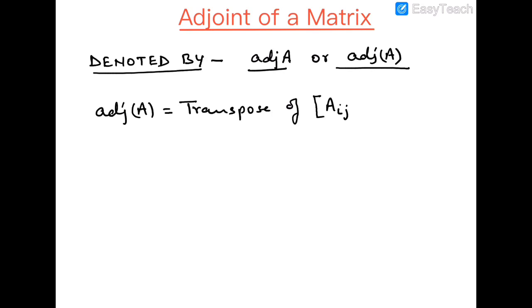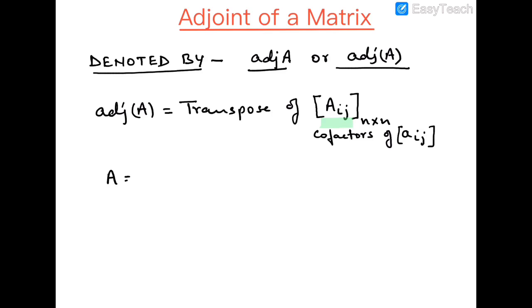First we need to find the cofactors of each and every element of the square matrix, and then the transpose of those is the adjoint of the matrix.